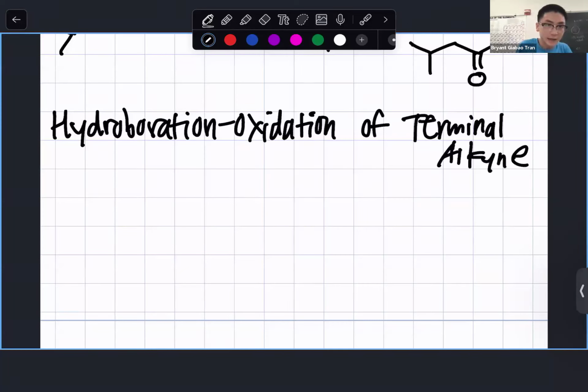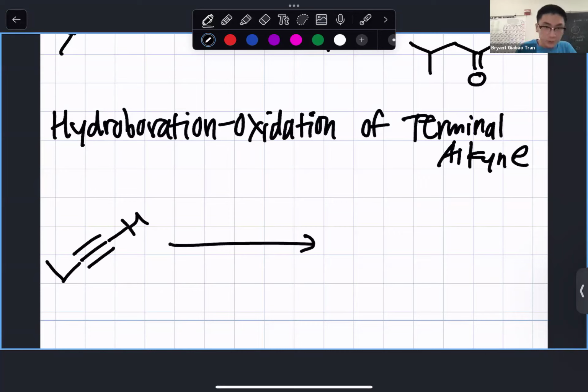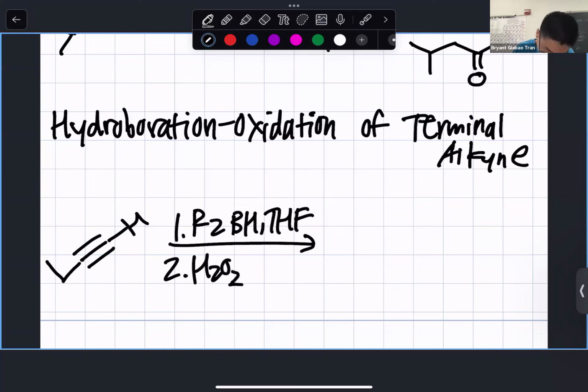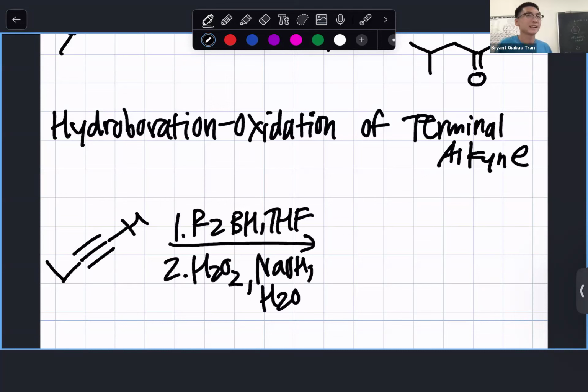Let's say we have this terminal alkyne here, and we put that through R2BH-THF, second step, H2O2, NaOH, water. Is this a Markovnikov reaction or an anti-Markovnikov reaction? Anti, right?